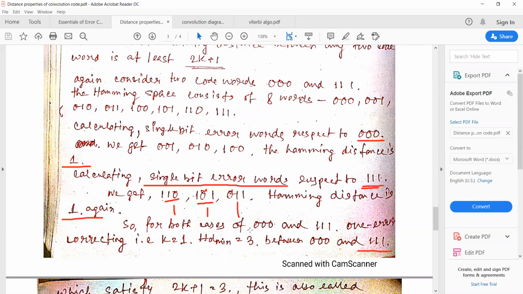So for both cases of 0, 0, 0 and 1, 1, 1, one error correcting, mind it, one error correcting, that is k equals 1, and the Hamming distance we have got is 3, because the Hamming distance between 0, 0, 0 and 1, 1, 1 is 3, and one error correcting means k equals 1.